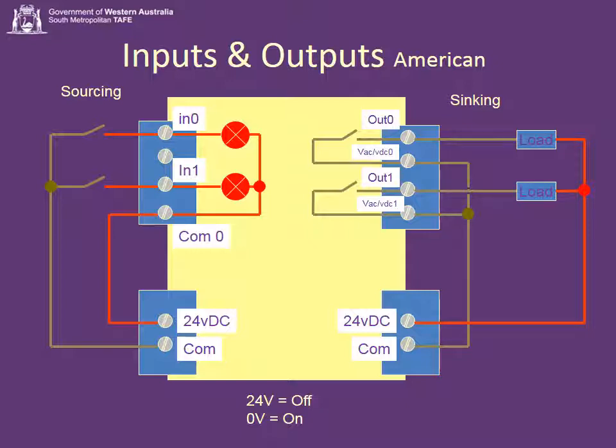Now I find this system to be very, very, well, fraught with danger. With this system, if you're measuring it on the screw, 24 volts is off and 0 volts is on. Luckily, I don't think there's many BMS systems still using this system.